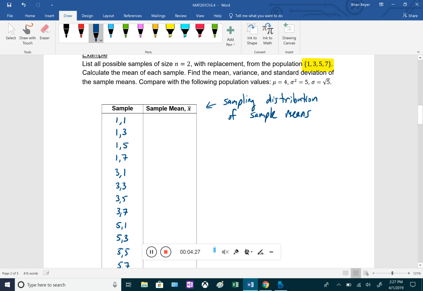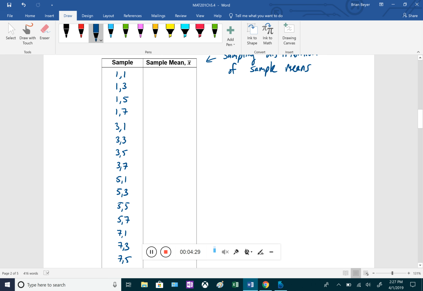Okay, so now let's calculate the sample mean of each one of these samples. When we calculate the mean, we just add them up and divide by 2, right? So it's 1 plus 1 divided by 2, which is clearly 1. The mean of 1 and 3 is 1 plus 3 divided by 2, which gives us 2.